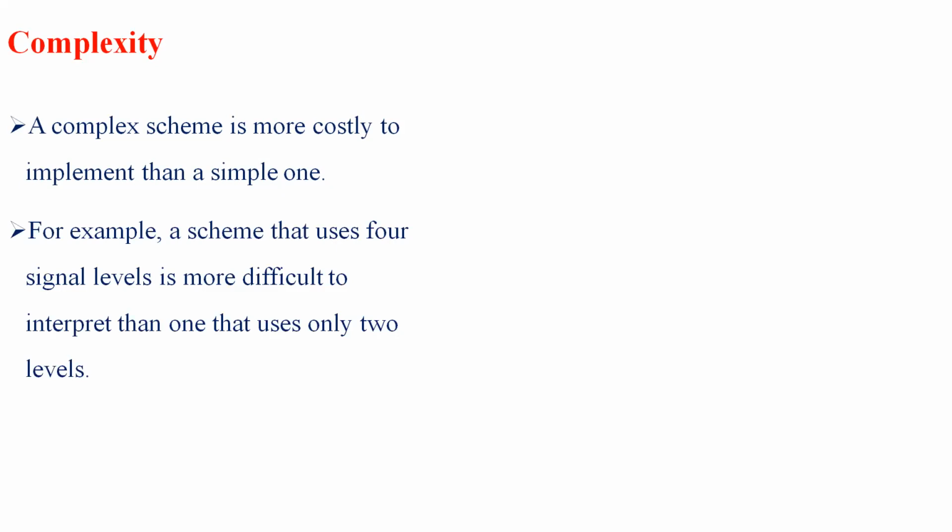Let's take an example of implementing a complex scheme. A scheme that uses 4 signal levels is more difficult to interpret than one that uses only 2 different levels.